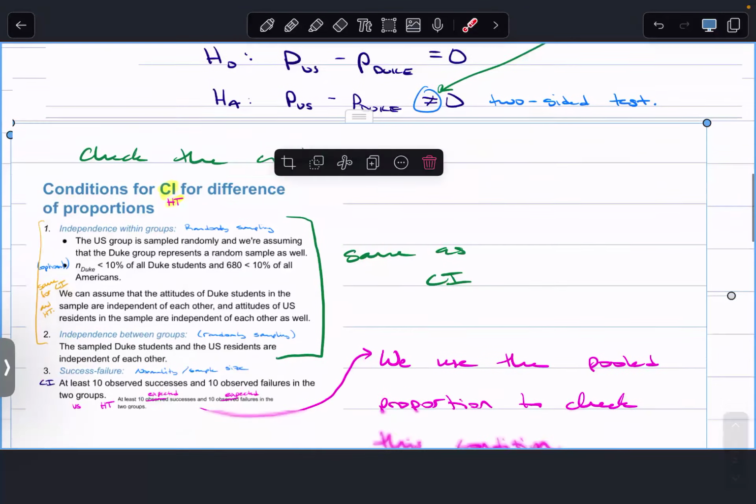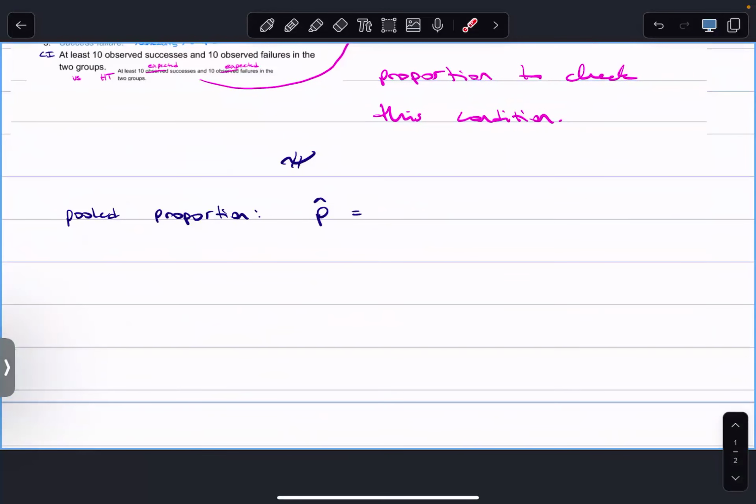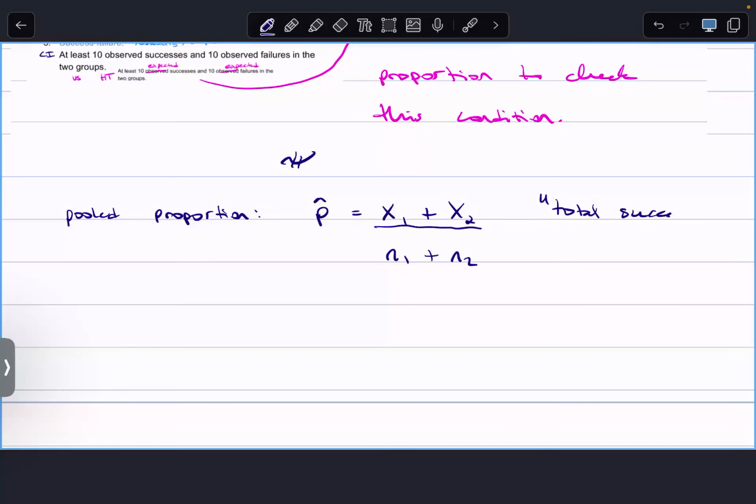And so now p hat is the total number of successes in group 1 plus the total number of successes in group 2, divided by the total sample size, n1 plus n2. So here, this is the total successes over the total sample size.